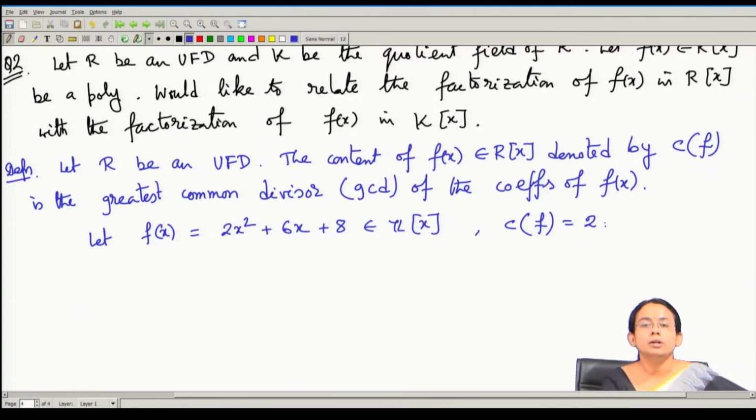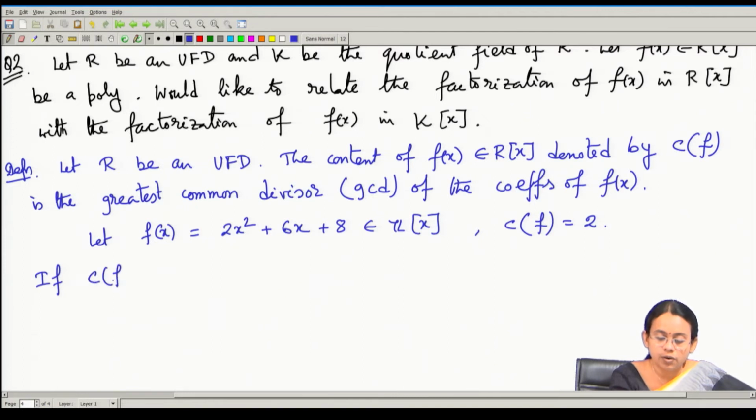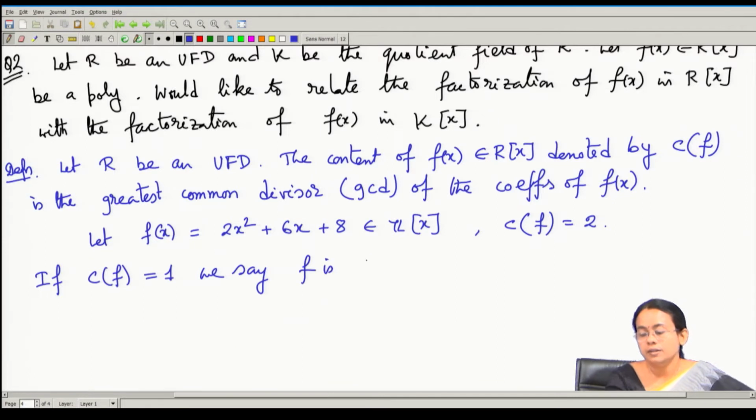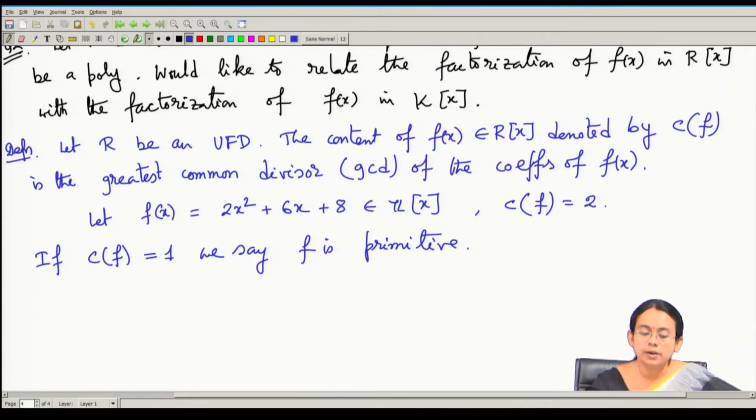This is what I meant by defining the content of a polynomial. Now, if the content of a polynomial is 1, then we call it a primitive polynomial. So, if the content is 1, we say f is primitive. We will need this concept of content and primitive in relating the factorizations.